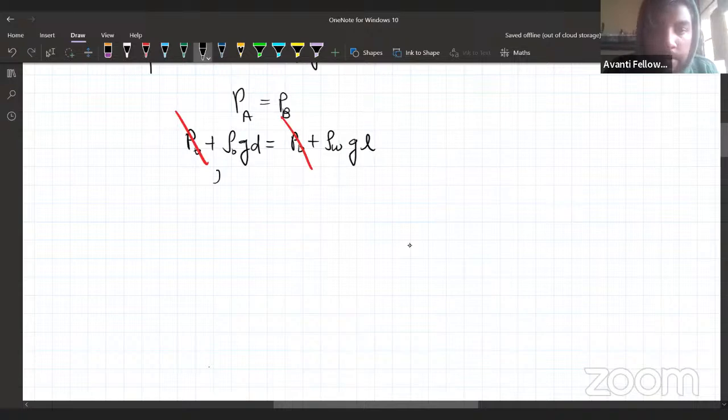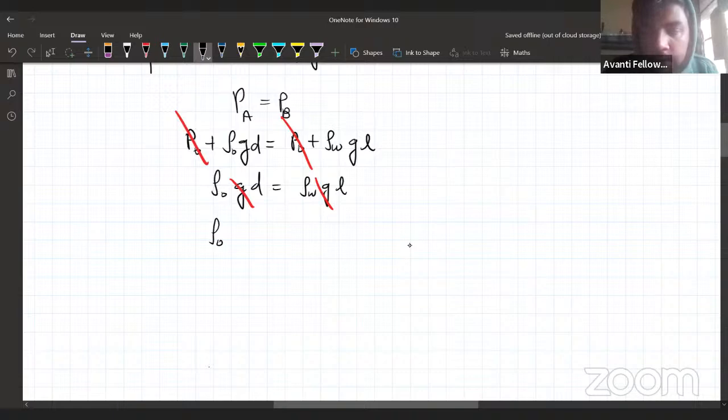So rho of oil into G into D equals rho of water into G into L. We can cancel out G as well. We have to calculate rho of oil, the density of oil.